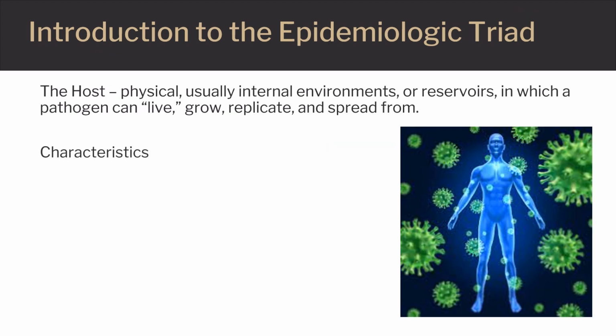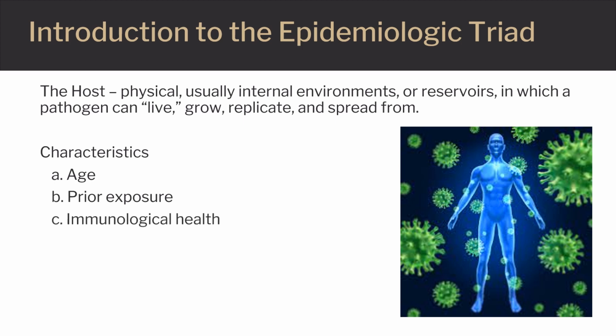There are many characteristics of a host that increase a pathogen's ability to be successfully transmitted across time and space. The age of the host is an important factor, given that as a life form ages, its ability to fight off an infection wanes, thereby increasing susceptibility to infection. Prior exposure deals with the host being exposed to the pathogen at some point in the past.